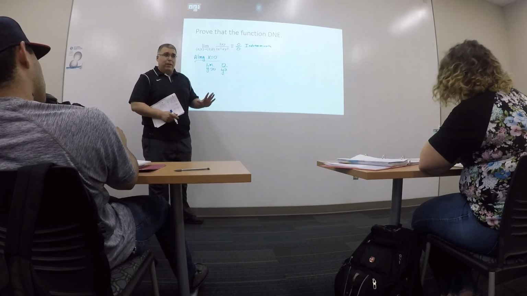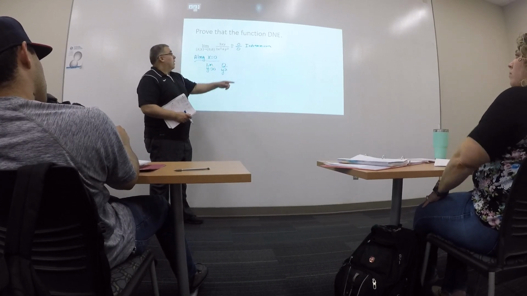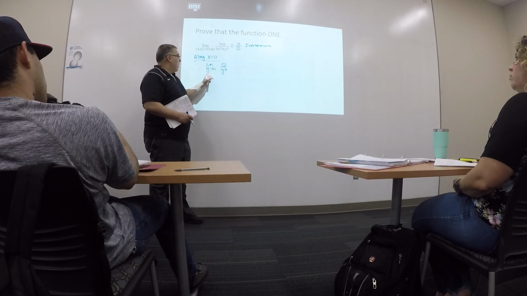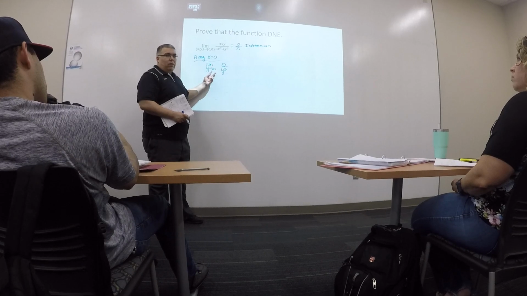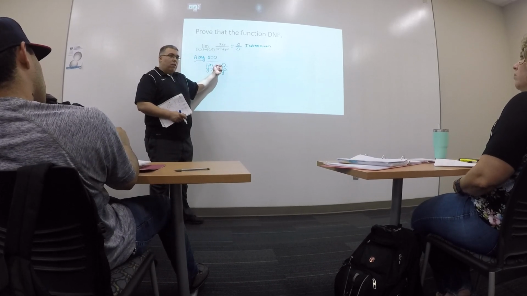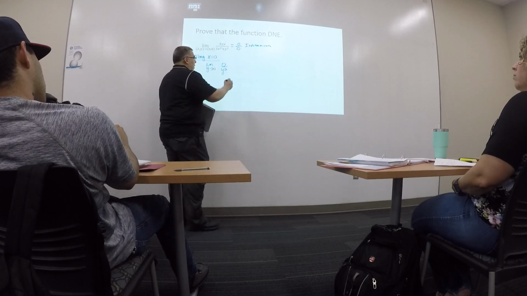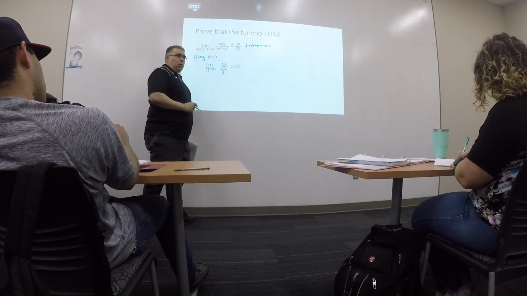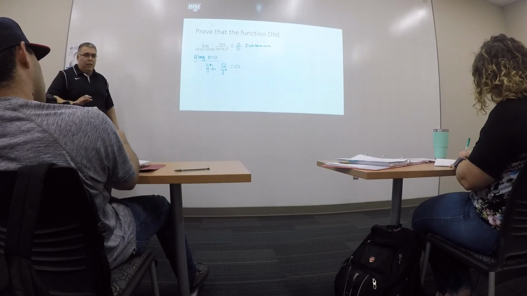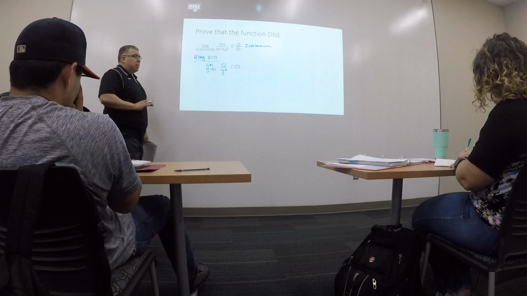When I plug that 0 into x, this whole thing turns to 0. Don't even apply the limit. Don't even apply y goes to 0, because it already tells me that 0 divided by y squared is 0. Does that make sense? Don't apply the limit. It's already automatically a 0.